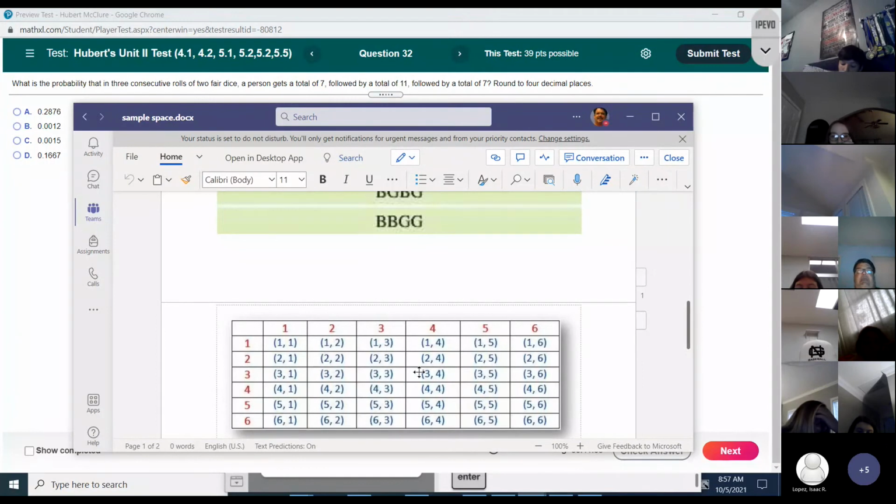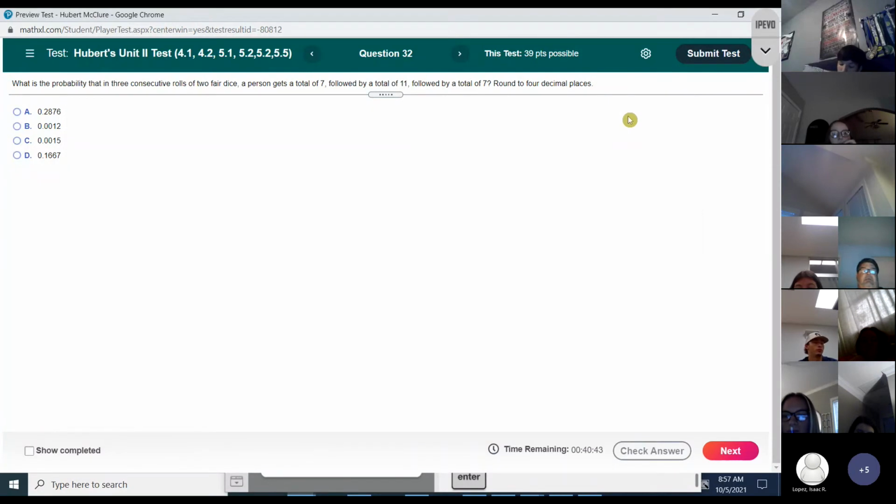So I guess you would add them because you're saying followed by, so that would be, it's either, let's see, you're getting a 7 and an 11 and a 7. So I would assume it would be multiplication. And then you multiply those and you get the answer.